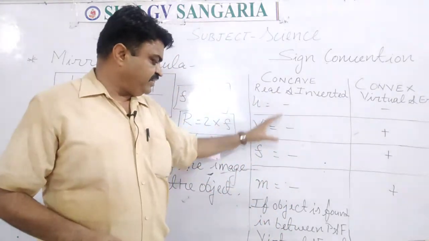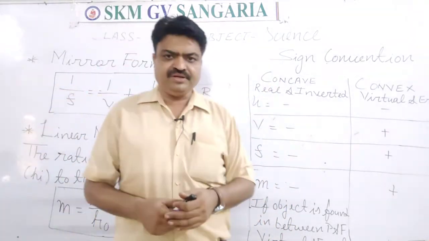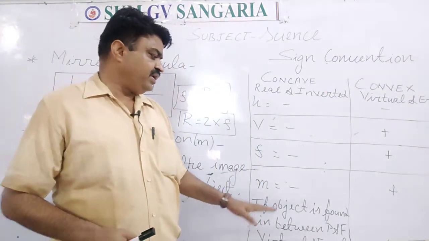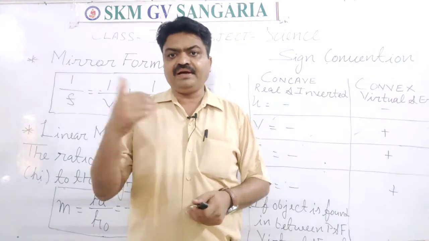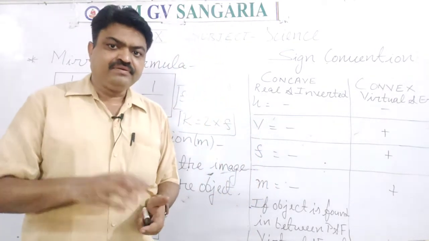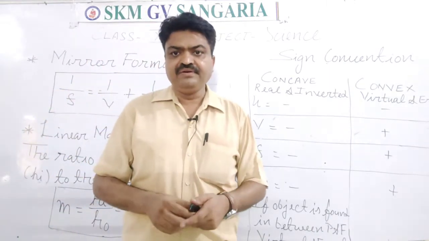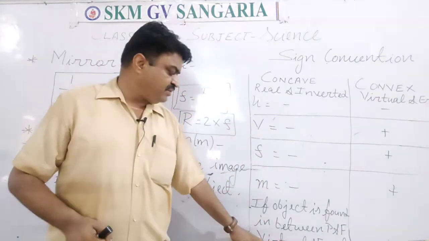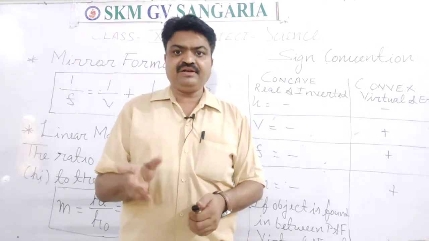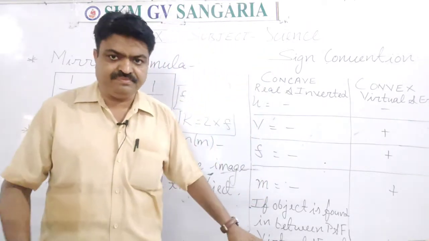Now there is one exception, student, in the concave mirror. If the object is found in between P and F, then which type of image do we get? We get a virtual, erect and highly enlarged image.